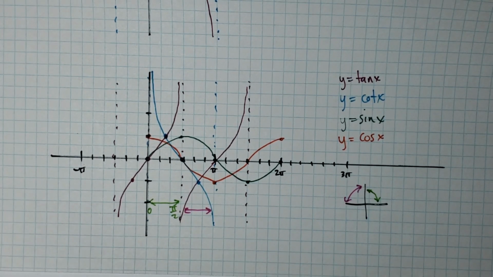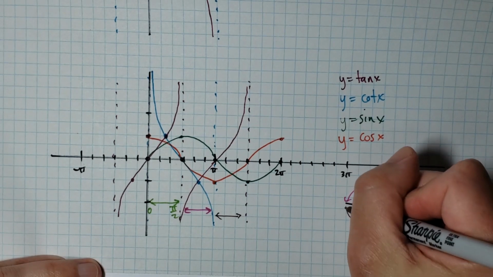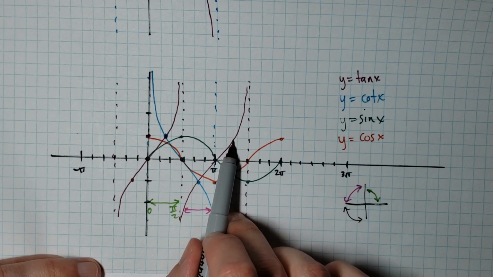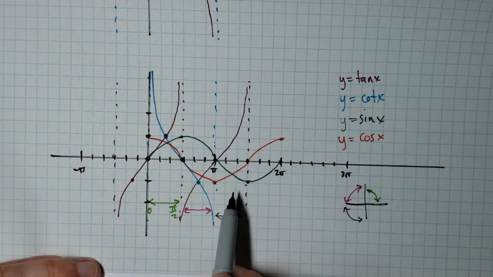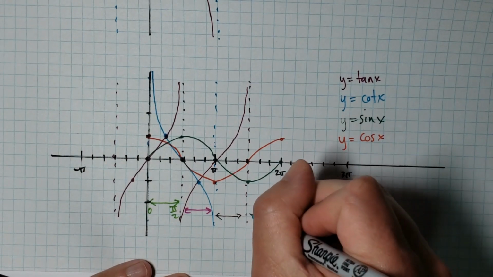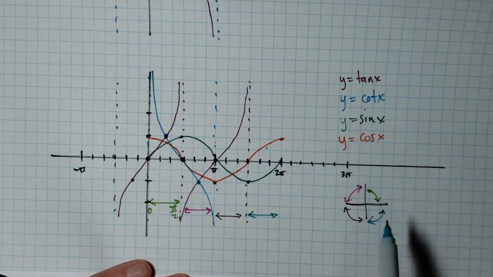And then if I go into the third quadrant, which is here and here, you can see that sine and cosine are negative, but tangent is positive. And if I had drawn cotangent, it would also be up there, but we don't need it. And then if I look in the fourth quadrant, which is here, you can see that cosine is now positive, sine is negative, and if I had drawn, I don't know which one of these is tangent.